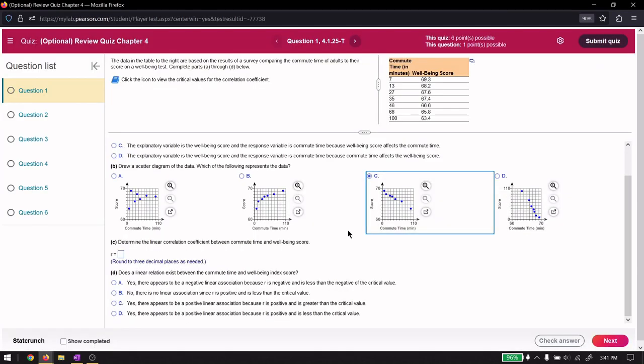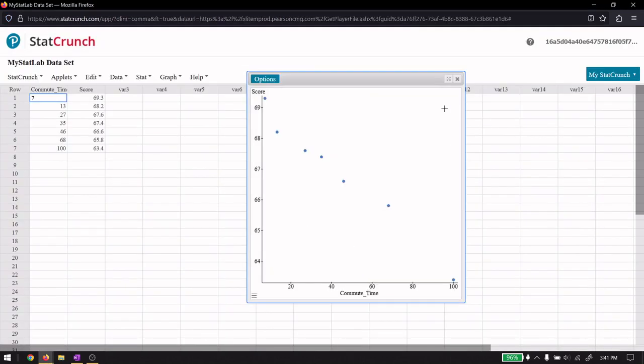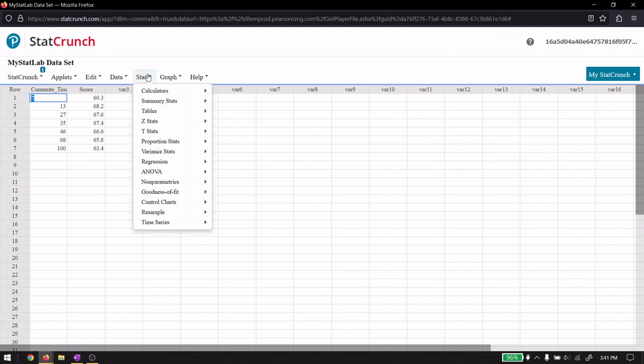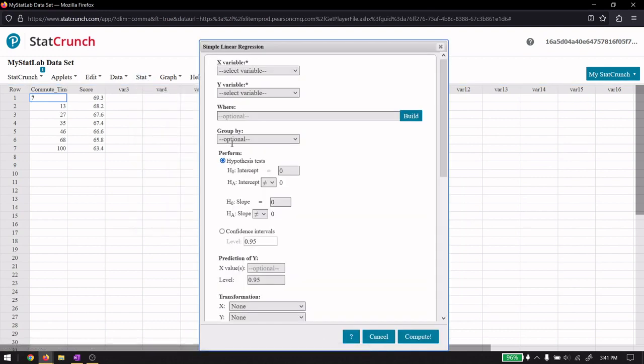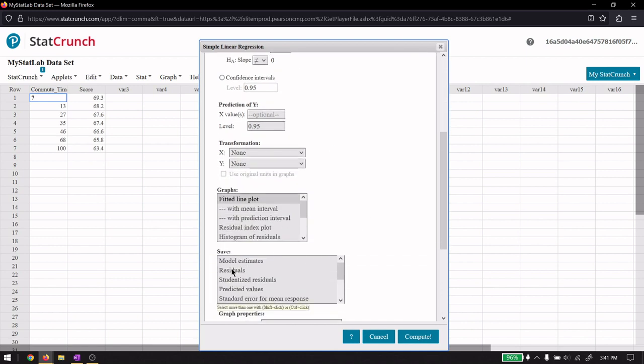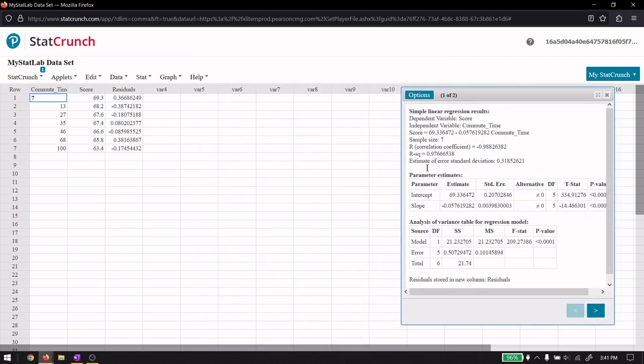Yep. All right, and linear correlation coefficient, let's go ahead and use Stat, Regression, Simple Linear. Once again, our explanatory variable is going to be our x. The response is the y. And I'm going to save the residuals here just in case we need them. Okay, compute that.